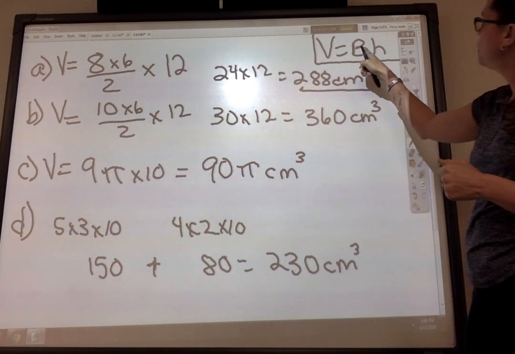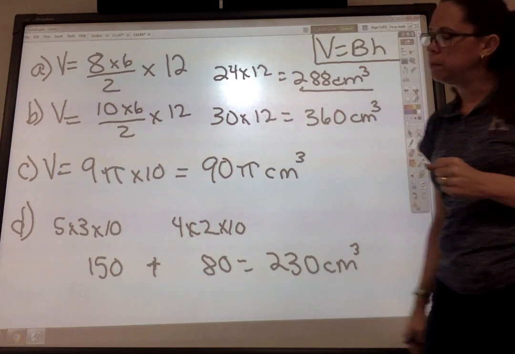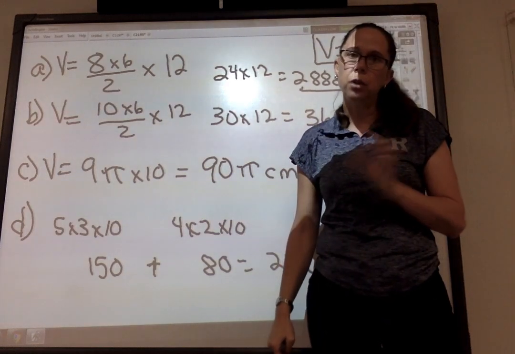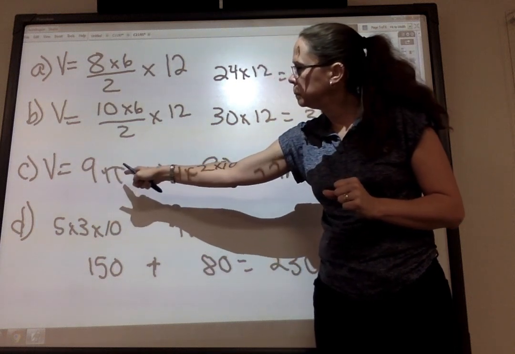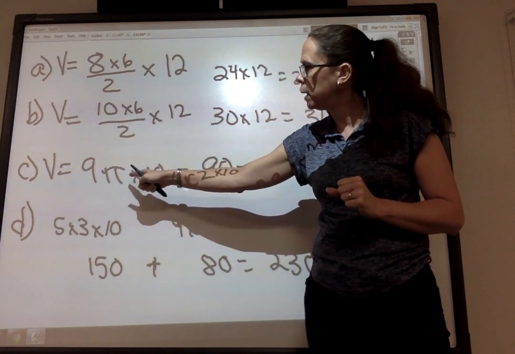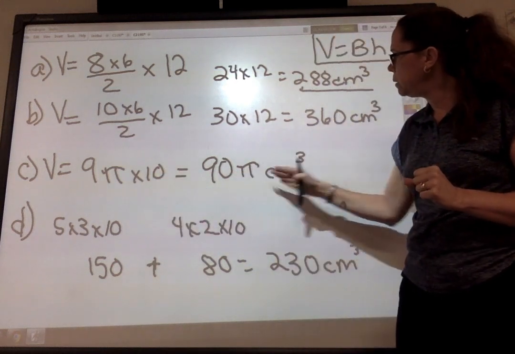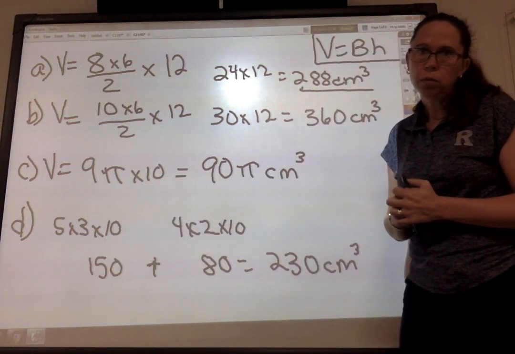So area of the base of the cylinder, pi r squared. They gave me the diameter is 6. That means r is 3. 3 squared is 9 pi. Times the height of 10 gave me 90 pi centimeters cubed.